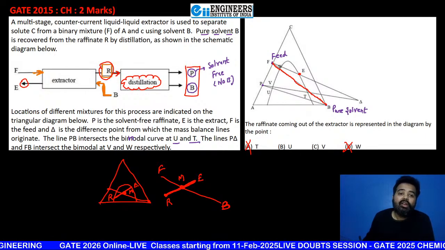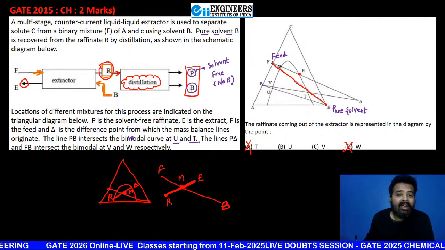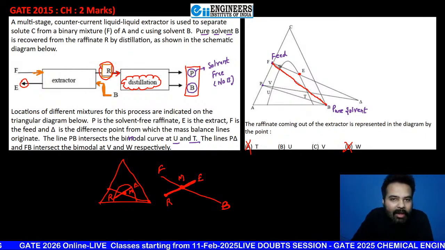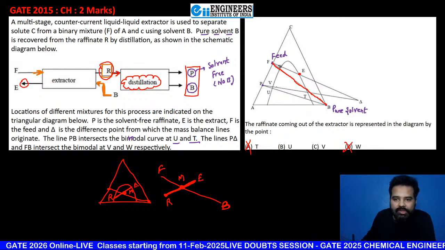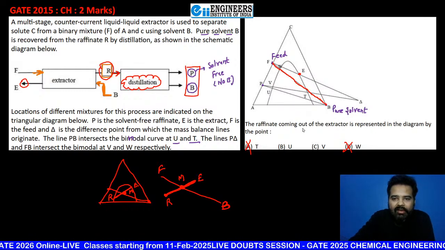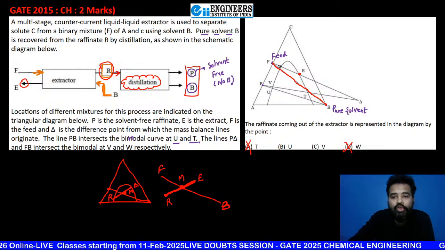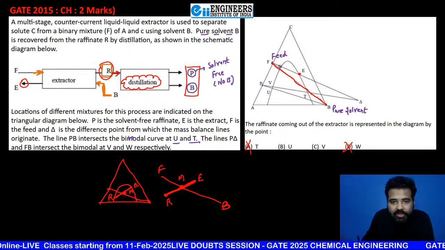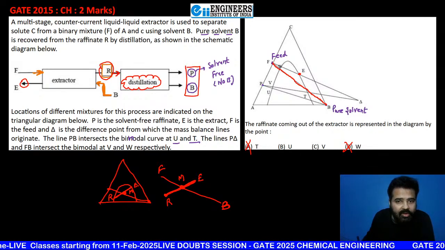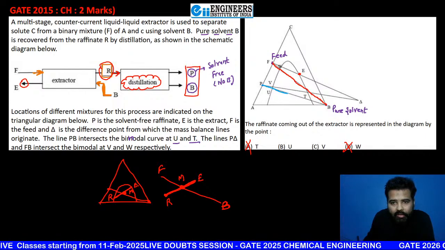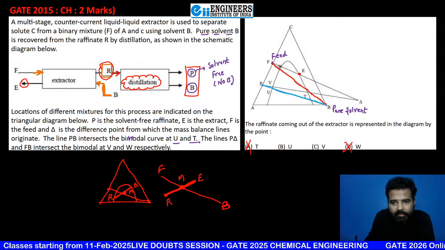That means R, P, and B should all be on one single line. So where is that single line? I am going to join this P with B.